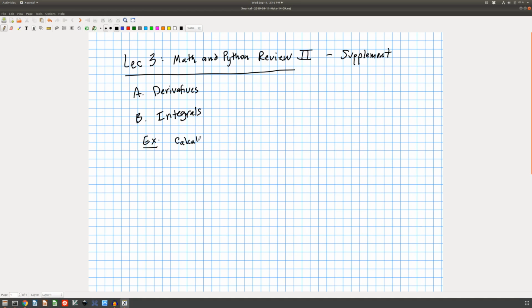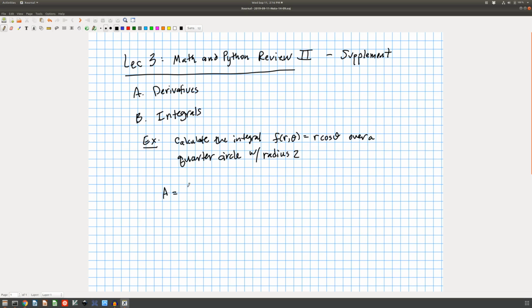So the idea here is to calculate the integral of this function, f of r theta is equal to r cosine theta, over a quarter circle with radius 2.